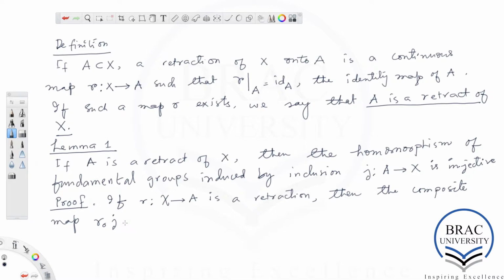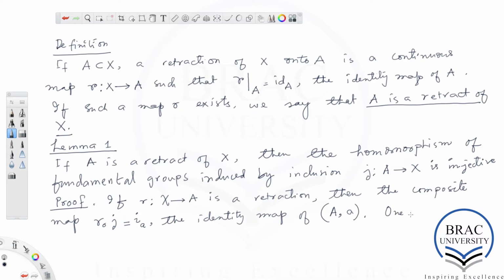Which is nothing but the identity map, and we put a subscript A in order to stress the fact we are dealing with pointed topological spaces. I sub A, the identity map of A, comma, small a. So small a is taken to be the distinguished point in the topological space big A.